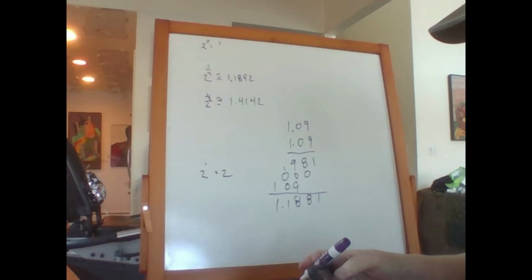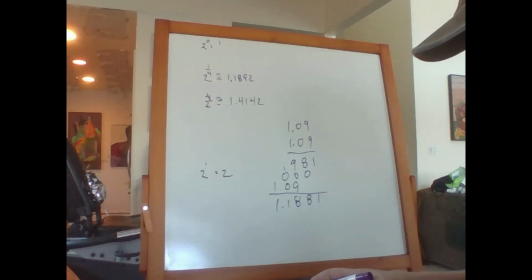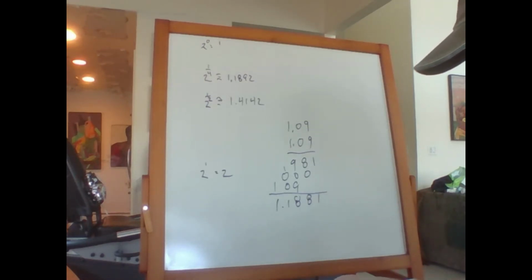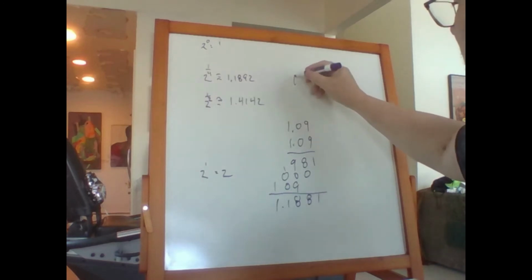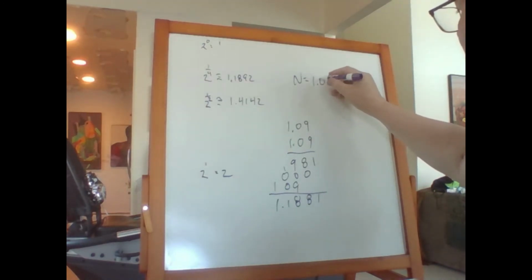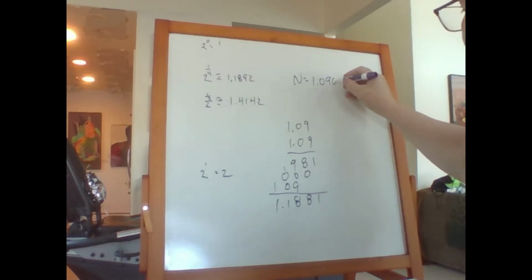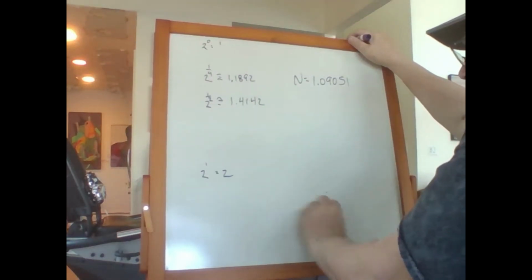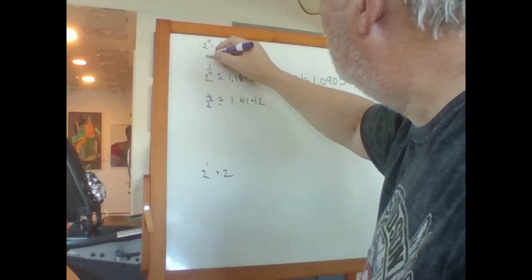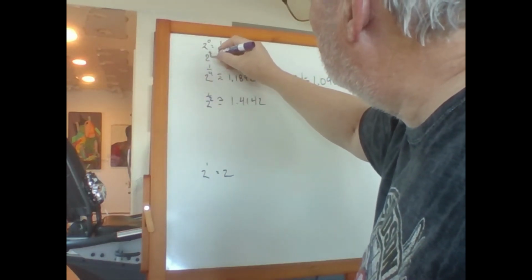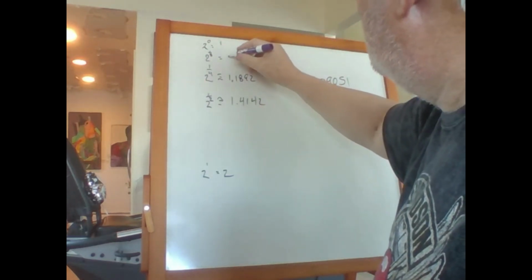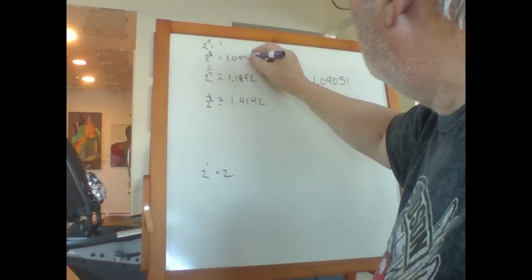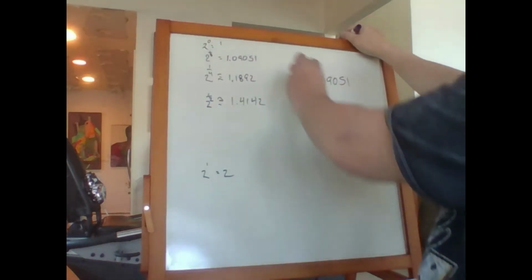And it turns out, for time's sake, that n equals 1.09051. So we have 2 to the 1/8 equals 1.09051.